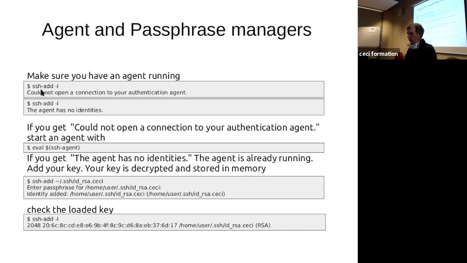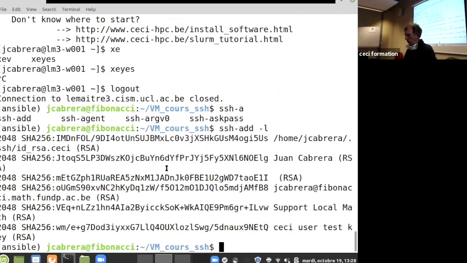But if your agent is not running, you have this message. And if it is running, but there are no keys or identities in memory, you have this answer. If it is working and with keys, you have something like that.